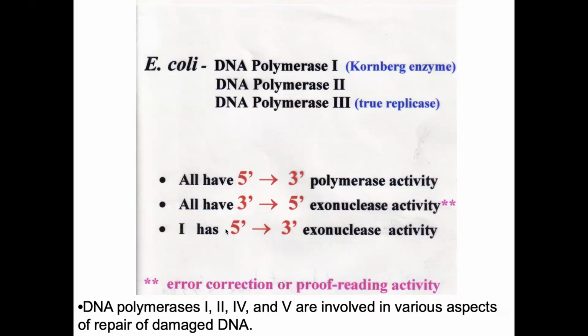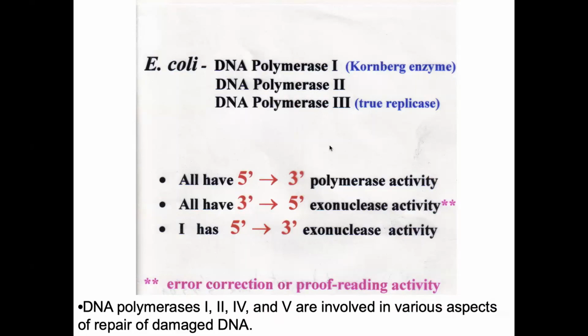So eventually they discovered, and I'm going to describe 3 different forms, the 3 major forms. 4 and 5 are less significant, or less predominant, within the cell. So there's DNA polymerase 1, which we know is the Kornberg enzyme. There's DNA polymerase 2, and there's DNA polymerase 3.